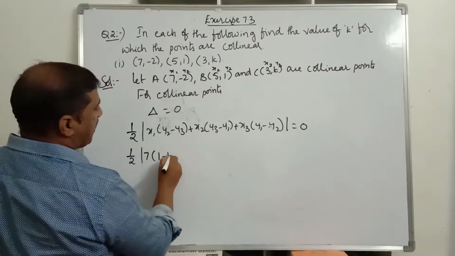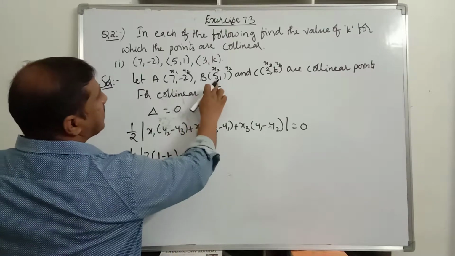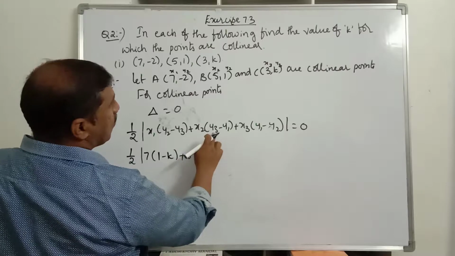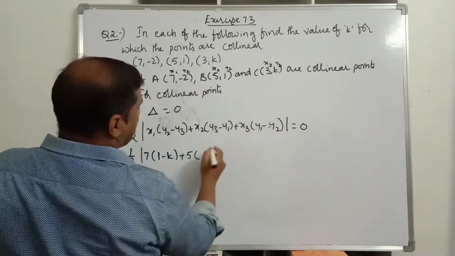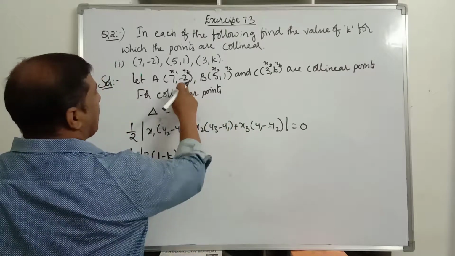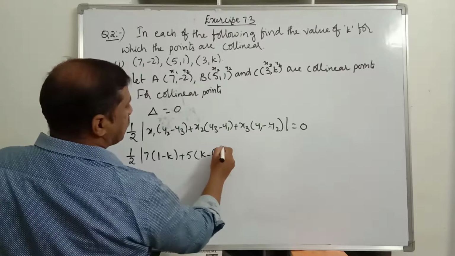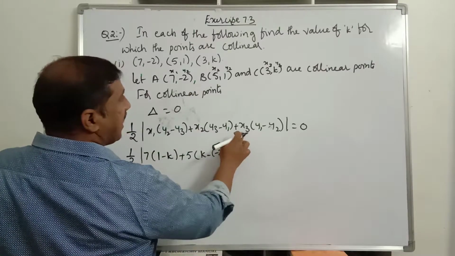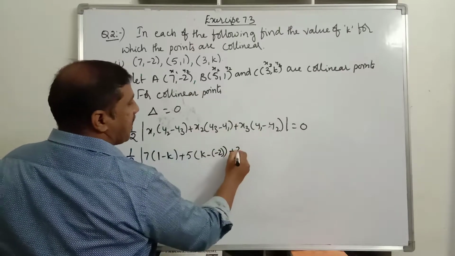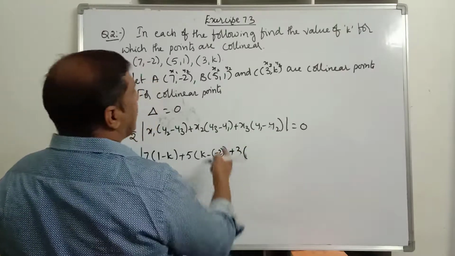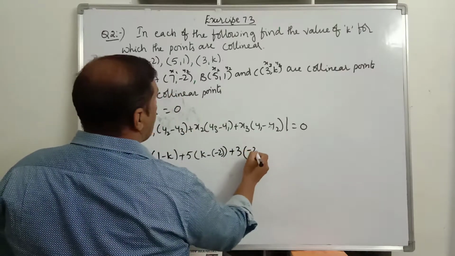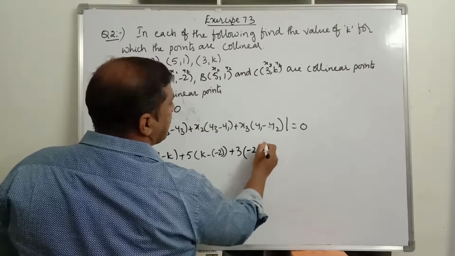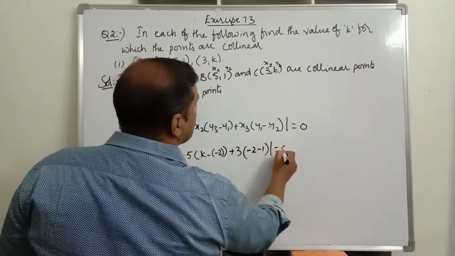Therefore it is 1 minus k, plus x2, which is 5, into y3 minus y1, that is k minus (minus 2), plus x3, which is 3, into y1 minus y2, that is minus 2 minus 1, that is equal to 0.